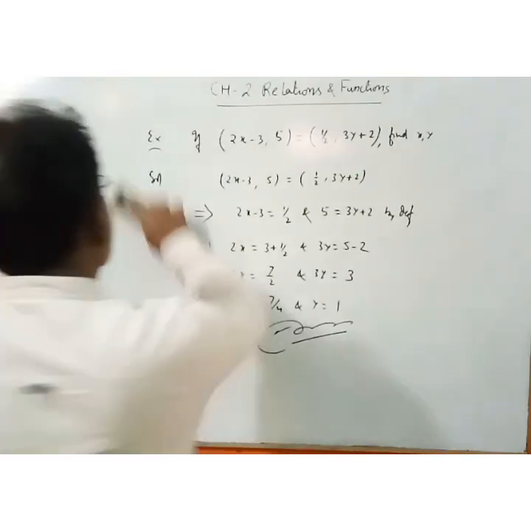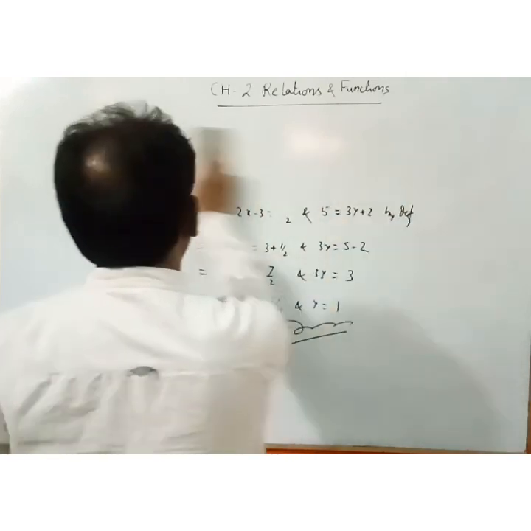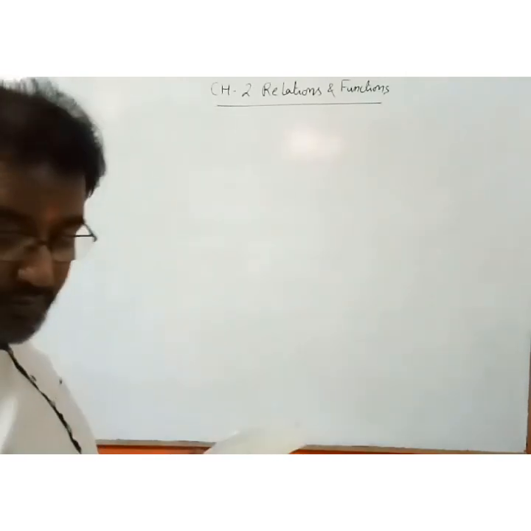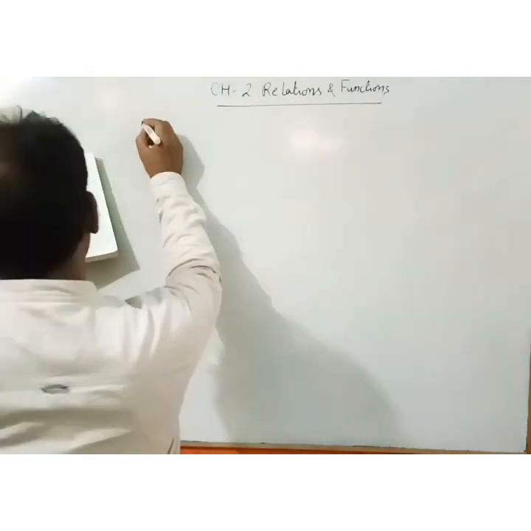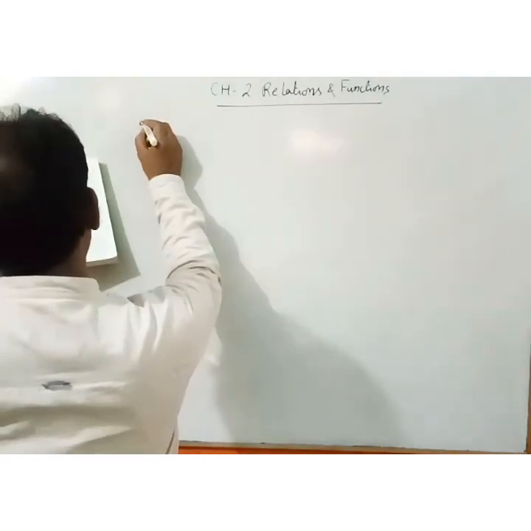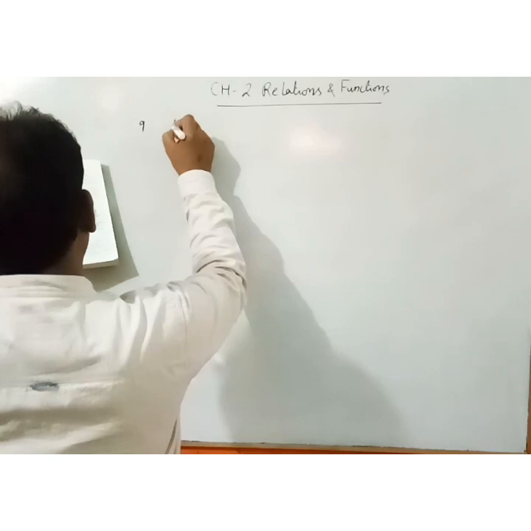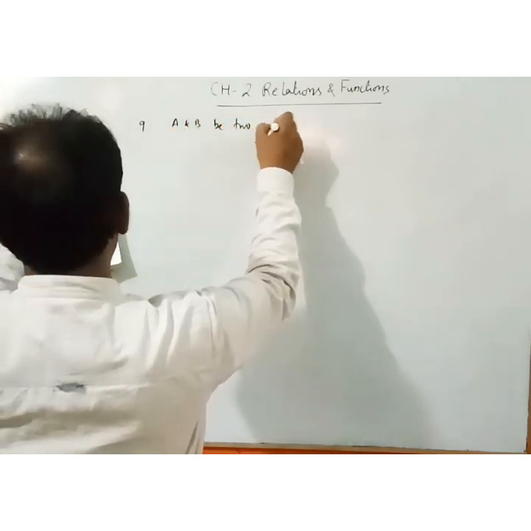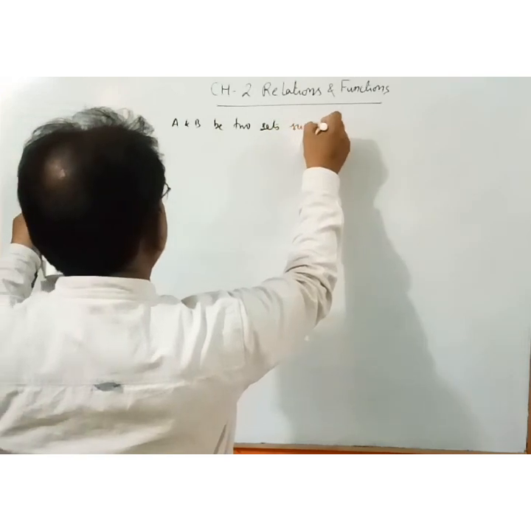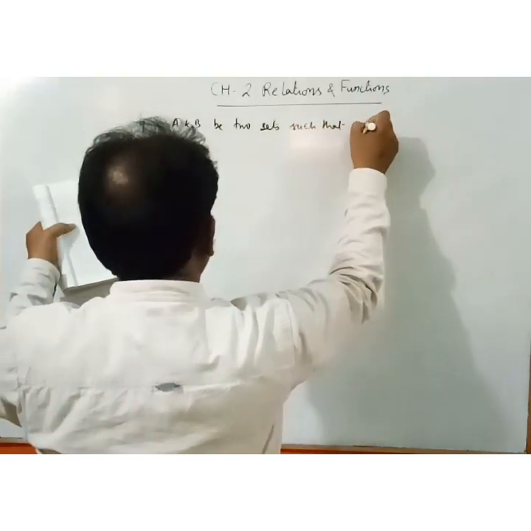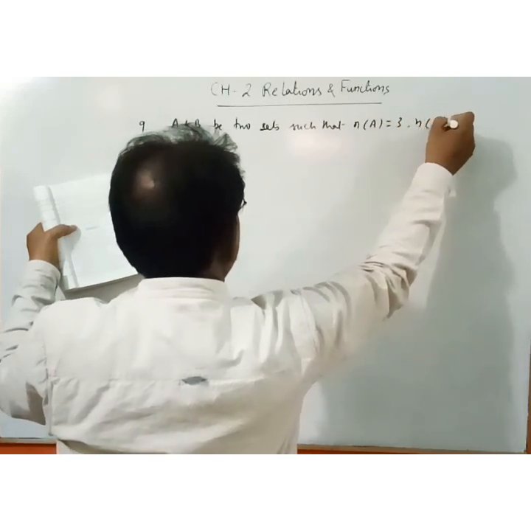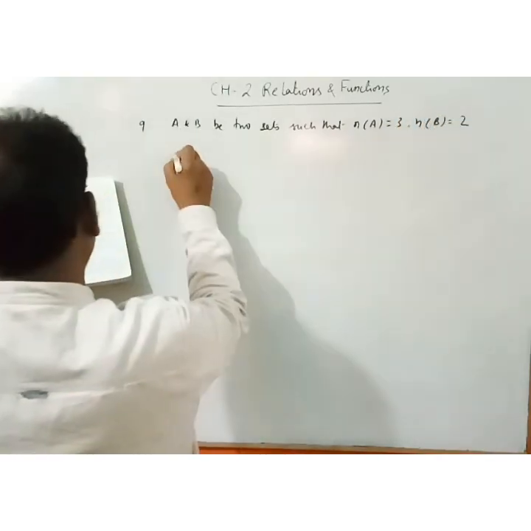One problem we are taking from the exercise to understand Cartesian product once again easily. This is question number 9. A and B be two sets such that number of elements in A is 3, number of elements in B is 2.